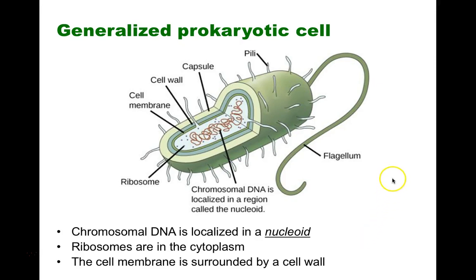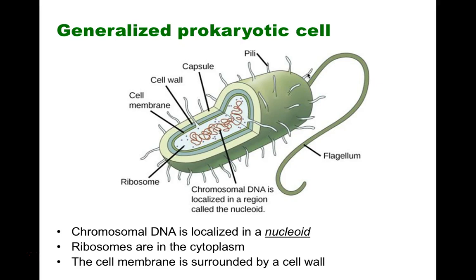We also find these hair-like structures sticking out of the surface. Those are called pili. They can also be called fimbriae if they're for attachment. Some prokaryotic cells will have these little attachment structures and some won't.